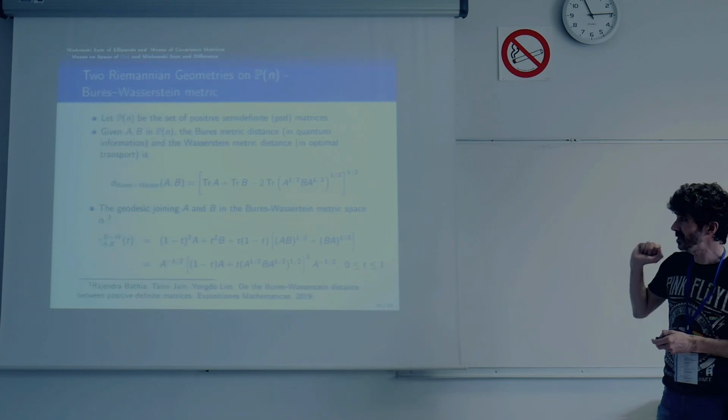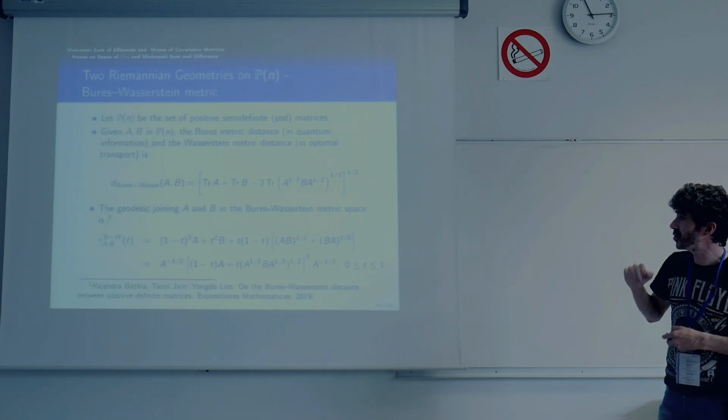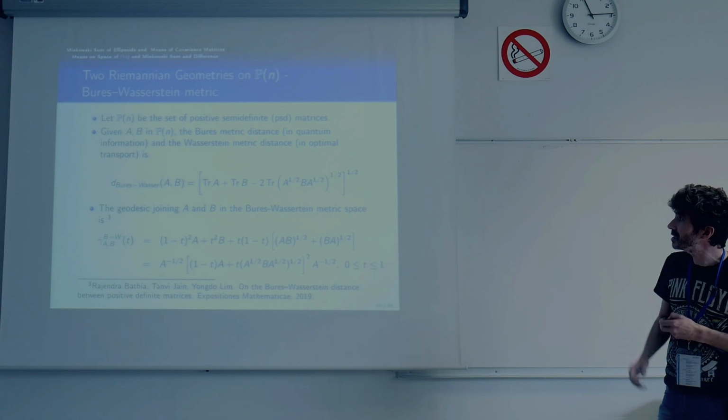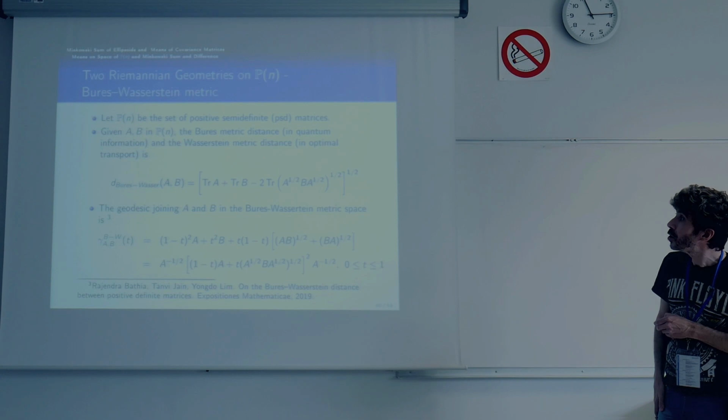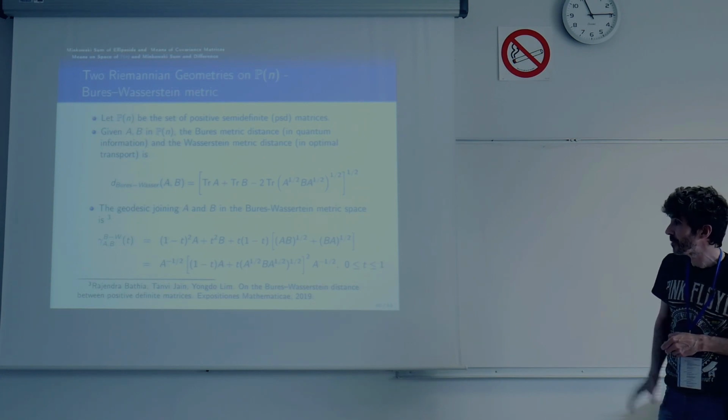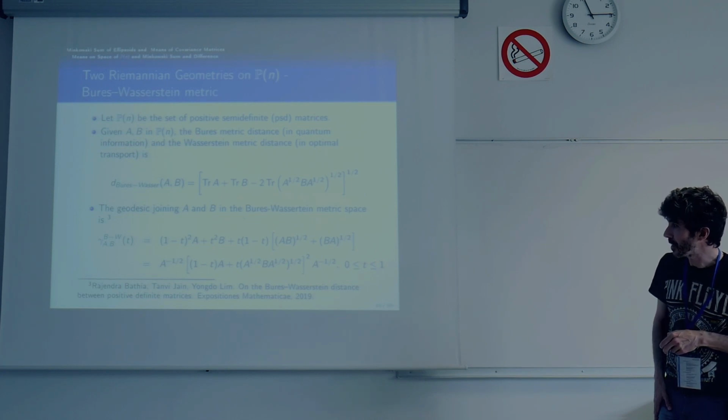There is another one which has been more recently studied in detail, which is the one related to optimal transport or quantum information. In this very interesting paper by Bhatia and co-workers, they call that the Bures and the Wasserstein distance, also for positive definite matrices.